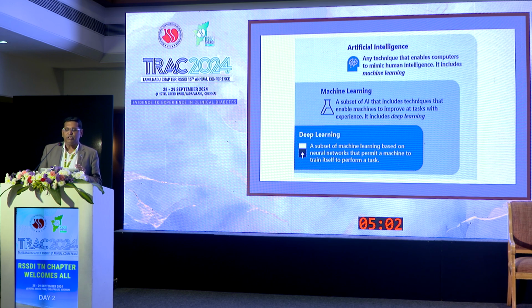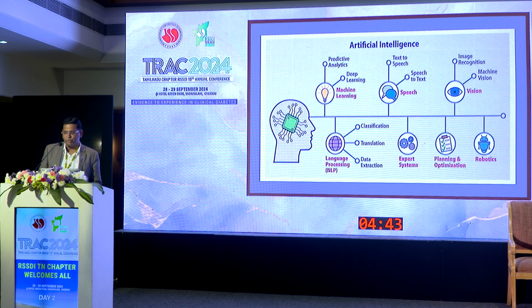It has three components: artificial intelligence, machine learning is a subset of it, and then there is deep learning. Machine learning is where the machine learns to do the task, and it includes deep learning, a subset where neural networks, just like our brain, are developed into machine algorithms which can work accordingly without needing our input.